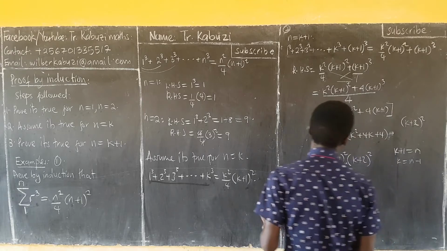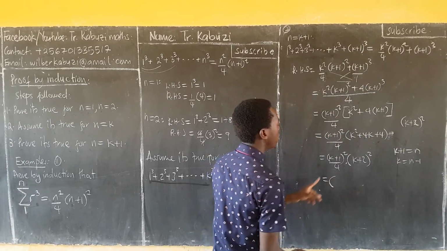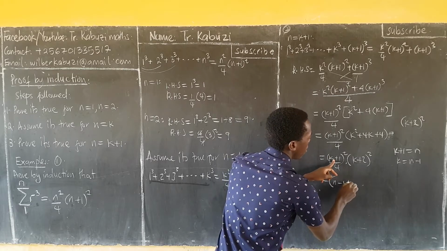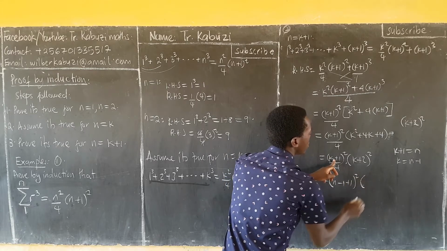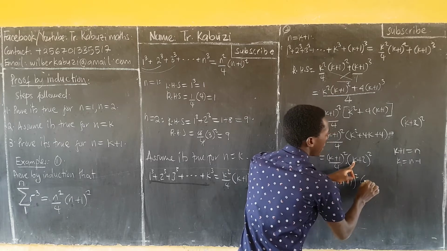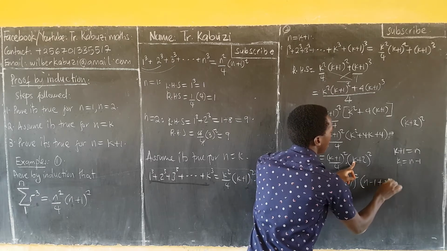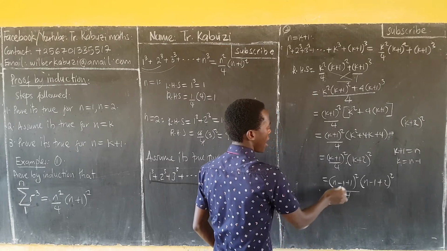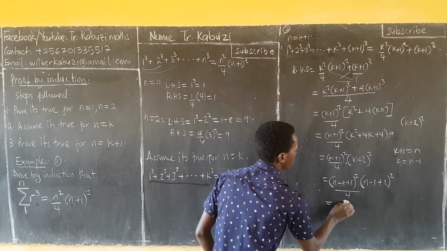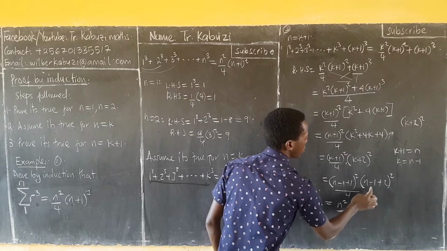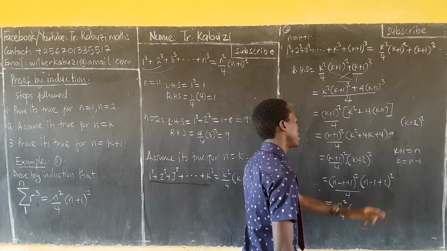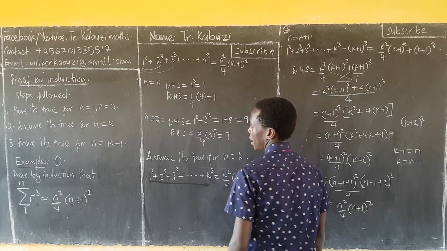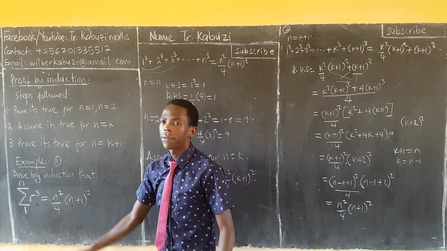So putting them here, I'll be having n, the whole square, into k is n minus 1 plus 2 squared. This is 4, so this will cancel. I'll be having n squared over 4 into, when I simplify negative 1 plus 2, I have 1, so n plus 1 the whole square. And you see, this is the proof we have.